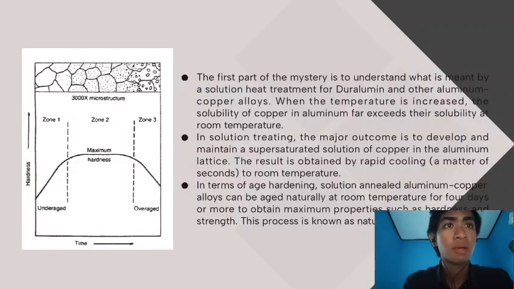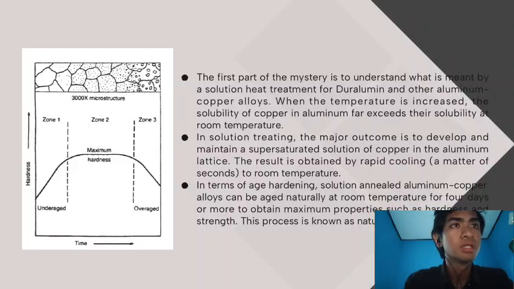When the temperature is increased, the solubility of copper in aluminum far exceeds the solubility at room temperature. Thus, more copper can dissolve into the aluminum lattice at high temperature.